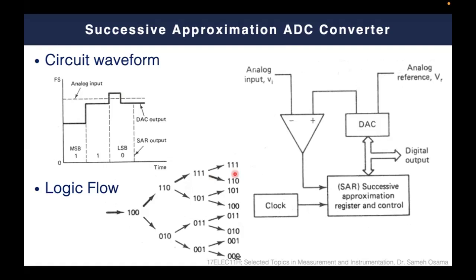It's a continuous process. The number of iterations needed is simply the number of bits. So if you have a 3-bit variation, then you need to ask yourself 3 questions, as we did here: 1, 2, and 3. If it's 4 bits, it becomes 4 iterations, and so on. So using this logic flow, you can determine your voltage.